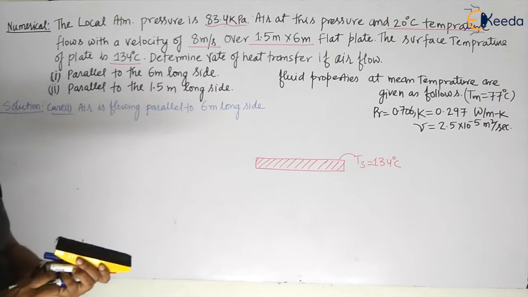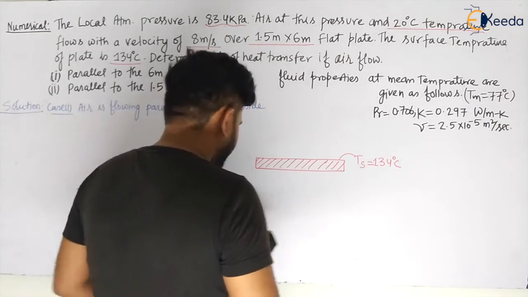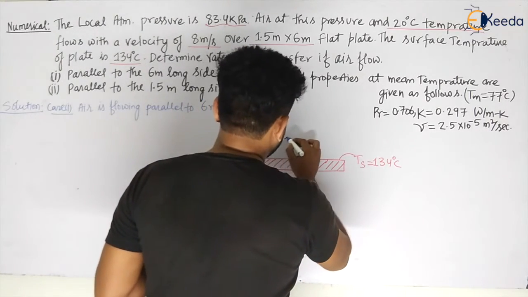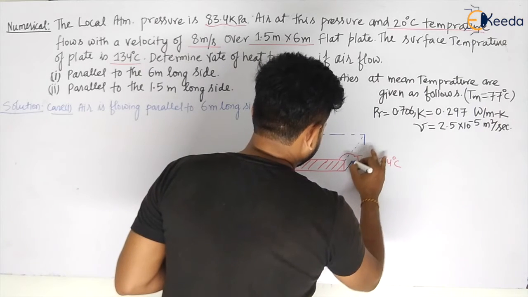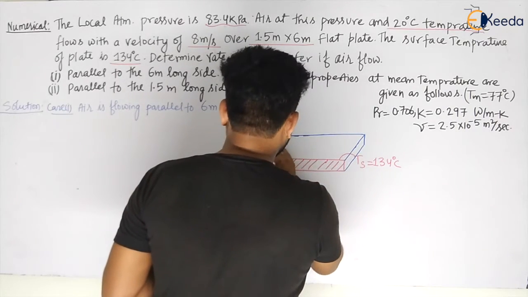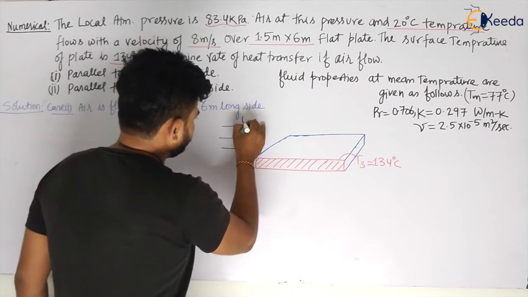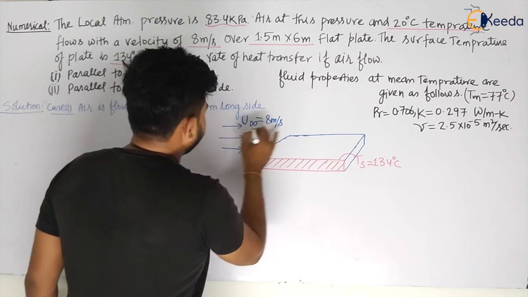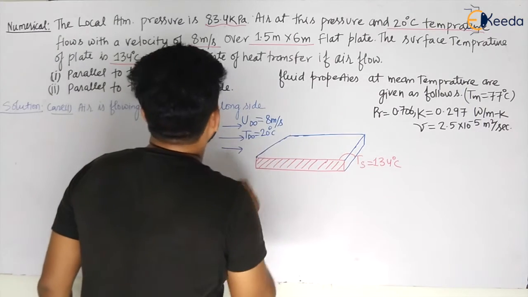Now when that cold air is flowing over the plate, this is your plate. Air is flowing in this direction. Let us say it has some velocity equal to 8 meter per second, and it also has some temperature equal to 20 degrees Celsius, my dear students.